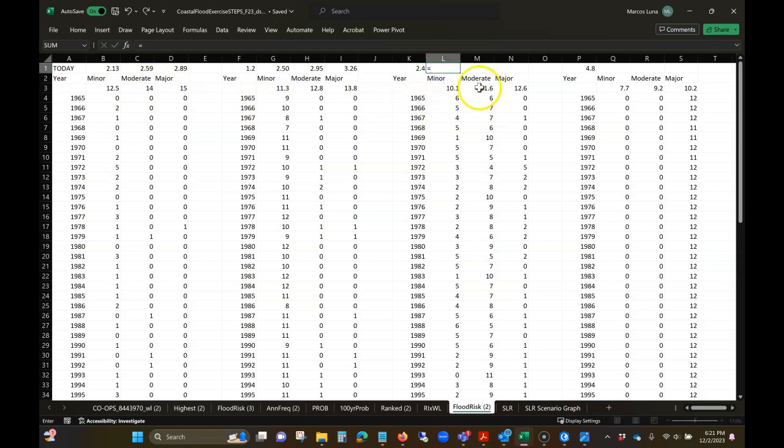So again, we're taking the sea level rise amount, converting it into meters first, and then adding it to the original water height over here, right? And this part where we have the sea level rise always stays steady, so we hold that steady with the dollar signs. So then we have the new minor water height under that, the 2050 scenario. And then we have one more over here with the 2070 scenario.